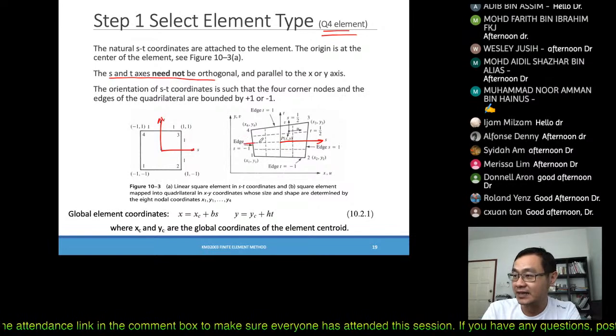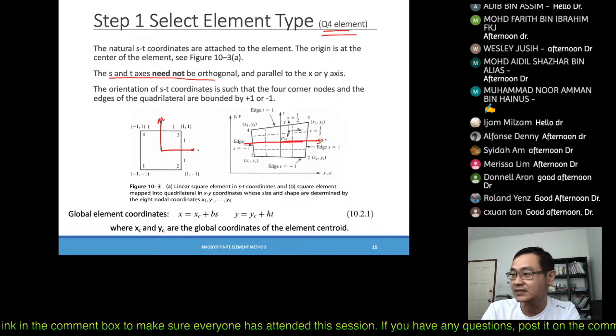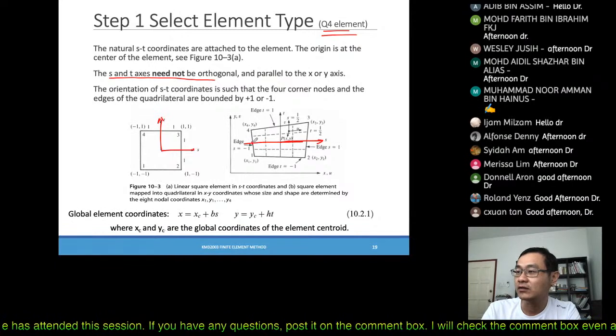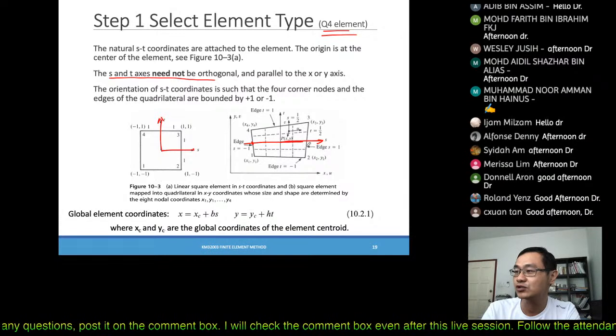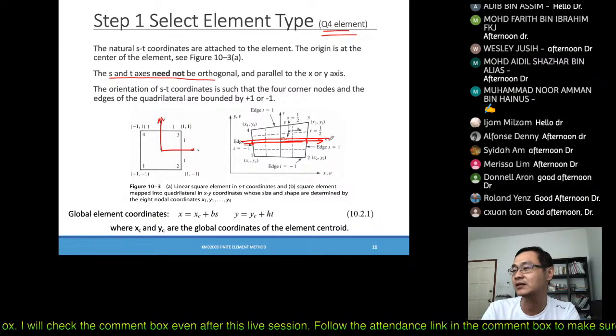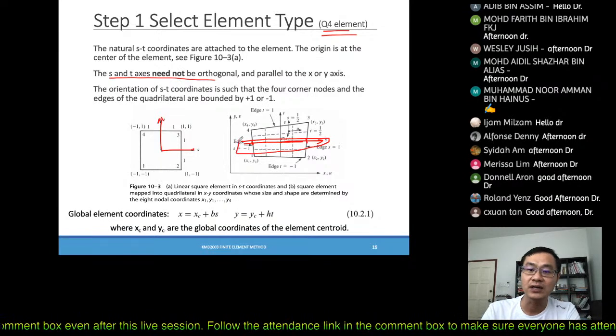Along these directions, point 4 still matches to this point, and point 3 and point 2 still match to this point. If you look at this particular dimension, it's still a straight line.